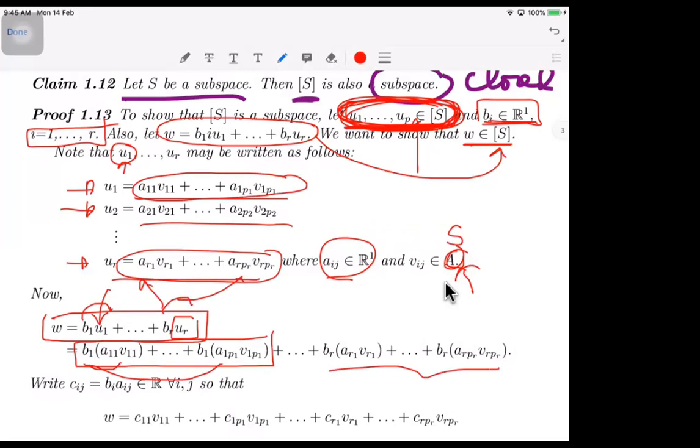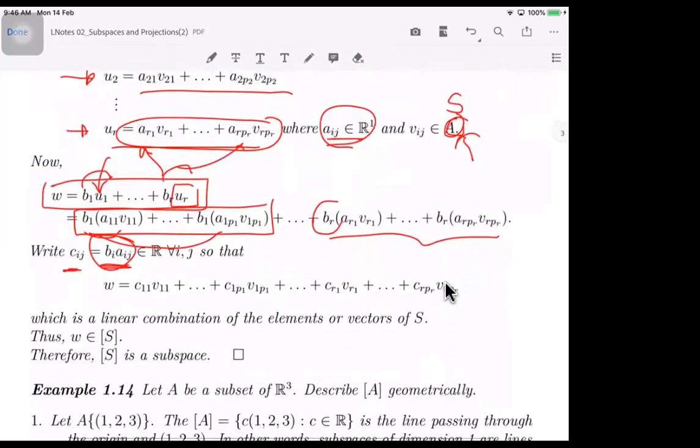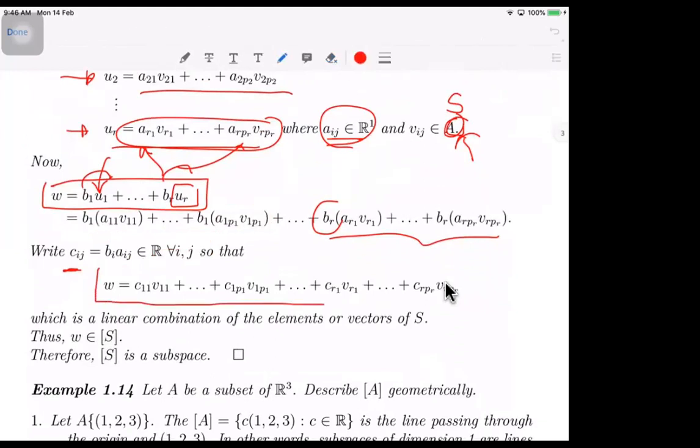And then, since the a_ij are scalars, and the b's are scalars, we can define c_ij, which is the product of b_i and a_ij, so that we can write the value in this form. Each component here is c11, and so on and so forth.